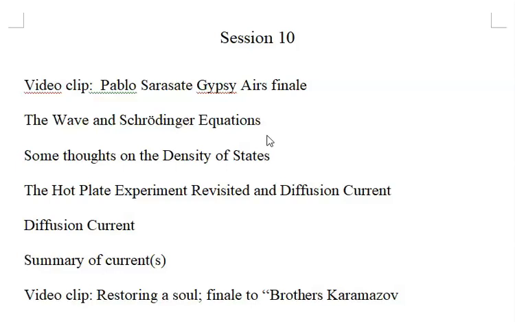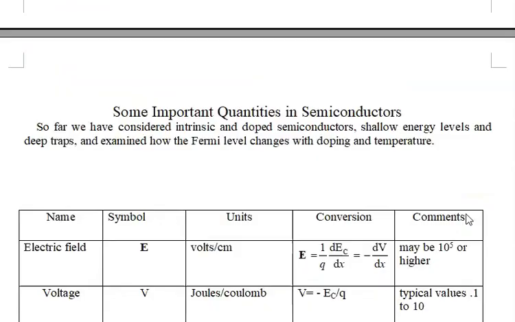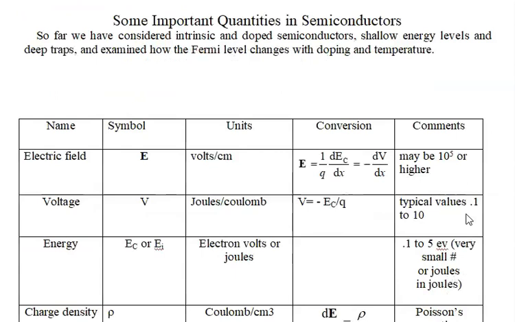Specifically, the Bohr model relates to the hydrogen atom, an electron spinning around a positively charged nucleus. And then if we have time, we'll talk about some of these other topics here: density of states and diffusion currents. But first, let's talk about a bit of a review, perhaps, some important quantities in semiconductors.